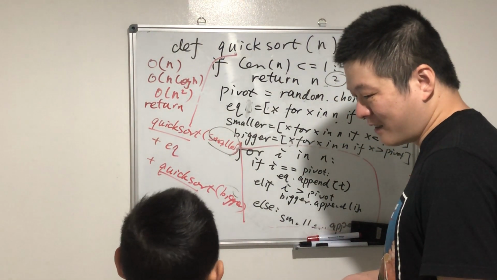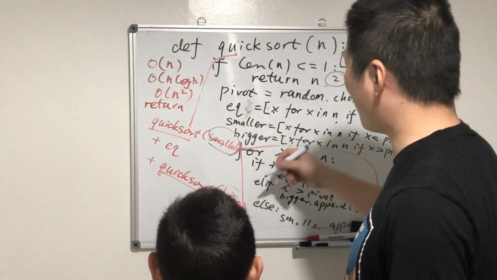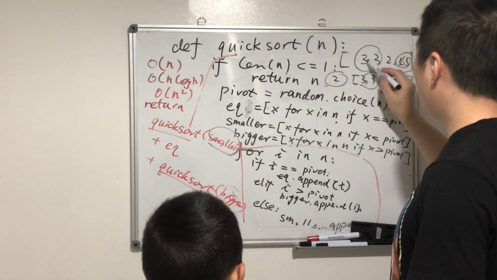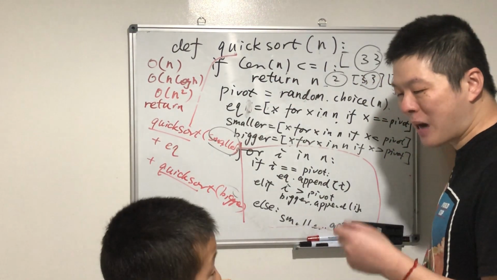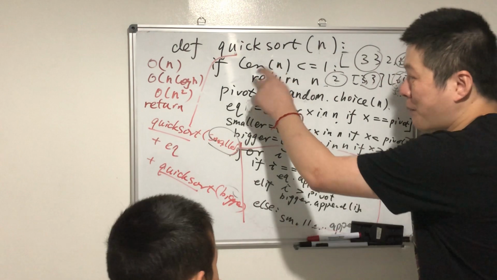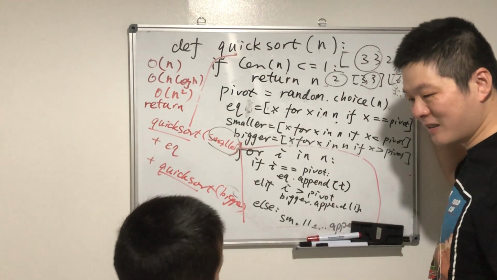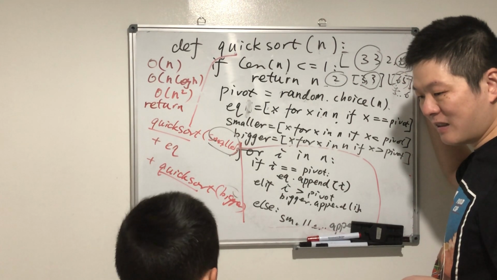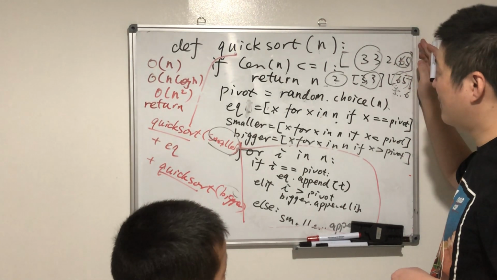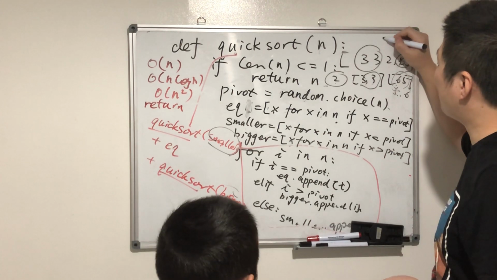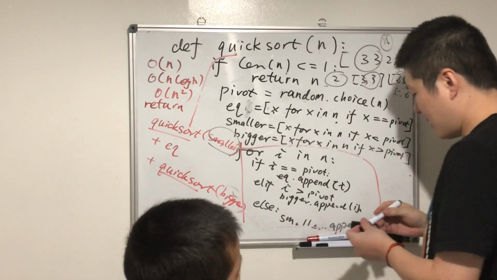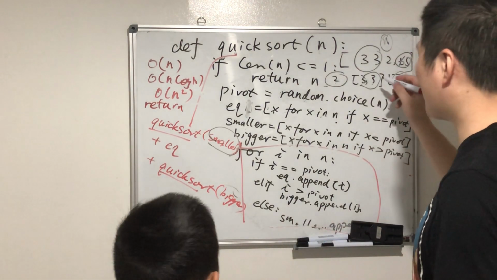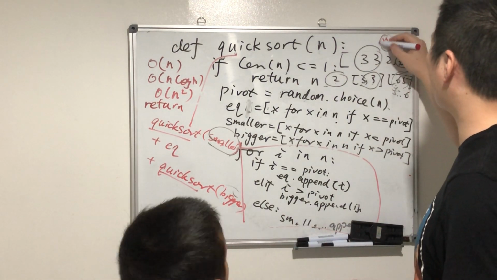Oh, I don't get it. The complexity. I mean, if there are n elements in the array, how much time does the computer need to spend on sorting? I mean, if there are n elements, how many times?